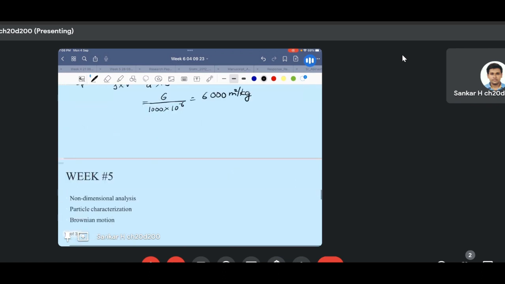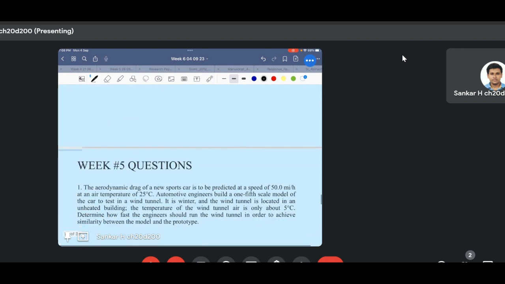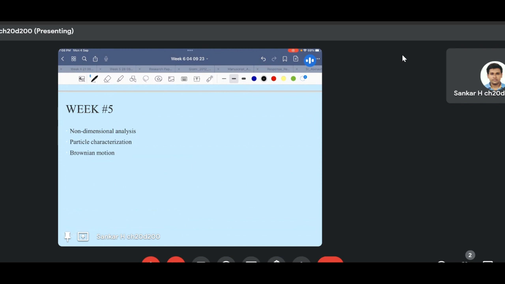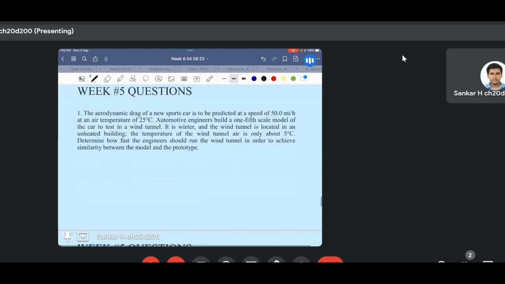Okay, I have a few more questions on this week 5, which was on non-dimensional analysis, particle characterization, and Brownian motion. So let's take a look at this question, where the aerodynamic drag of a new sports car is to be predicted at a speed of 50 miles per hour, air temperature of 25 degrees Celsius.